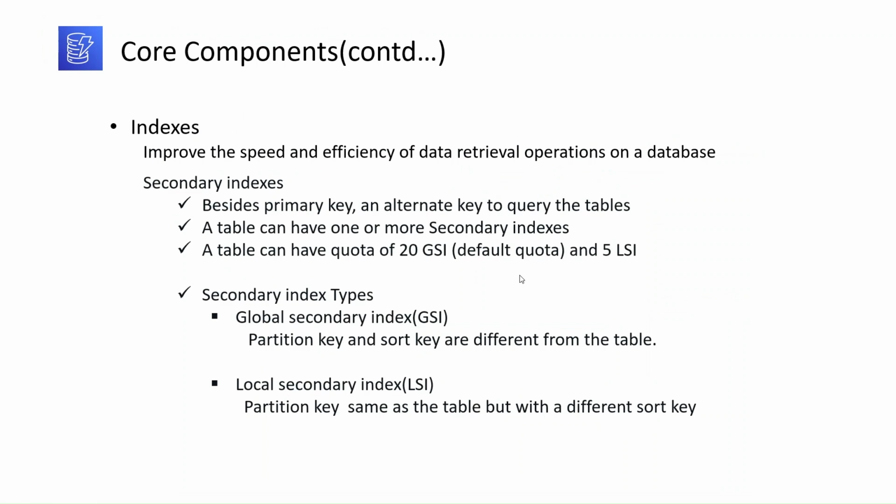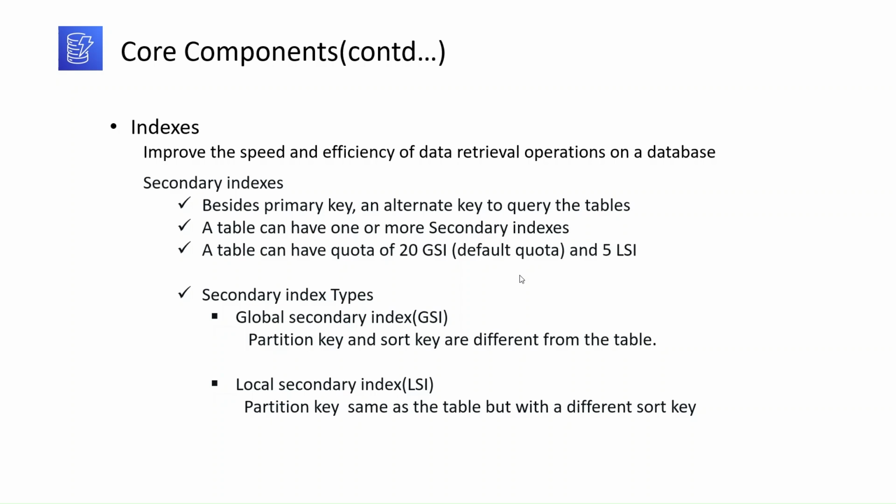Secondary indexes. A secondary index enables us to query the data in the table using an alternate key in addition to queries against the primary key, and a table can have one or more secondary indexes. There are two kinds of secondary indexes in DynamoDB table. One is global secondary index, also called GSI, and another is local secondary index, also called LSI.